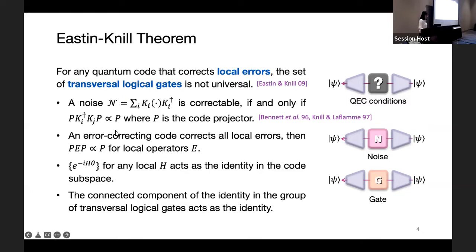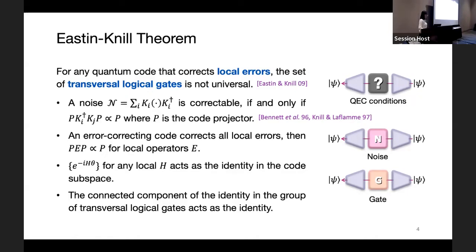So then we can see that if we consider the entire group of transversal logical gates, the connected component of the identity must act trivially in the code subspace. So, or like it must act as the identity. So with that and some mathematical facts, one can prove that transversal logical gates must not be universal.